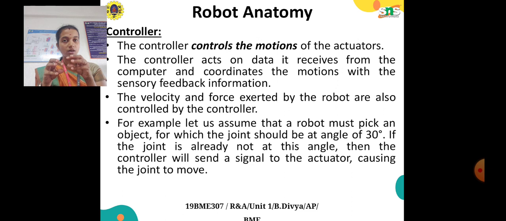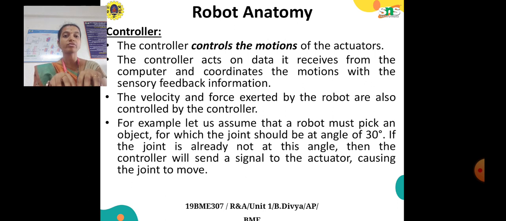If the joint, the picking part, which is called the gripper or end effector, is not at the perfect angle, then the controller will send a signal to the actuator causing the joint to move to a particular angle, right? After the gripper moves into that angle, the process will take place.